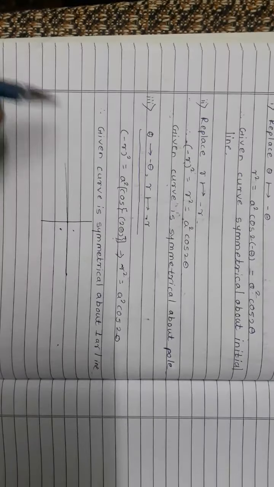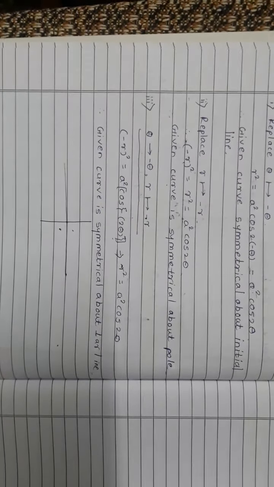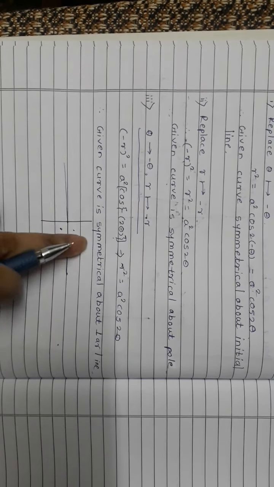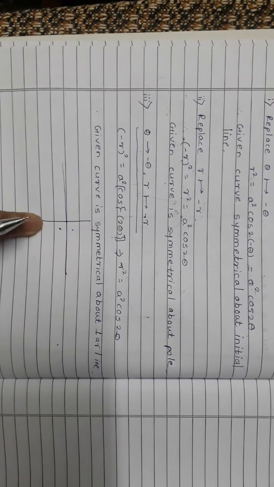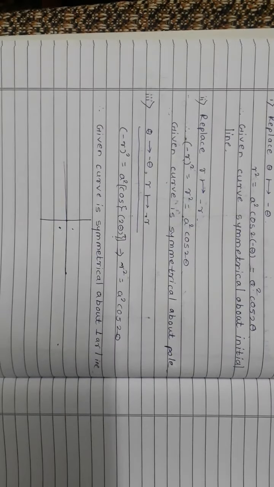And for the perpendicular axis, both sides of the curve need to have the same portion of the curve. So it is symmetrical about the initial line, pole, and the perpendicular line. These three things must be satisfied when you are drawing your curve.